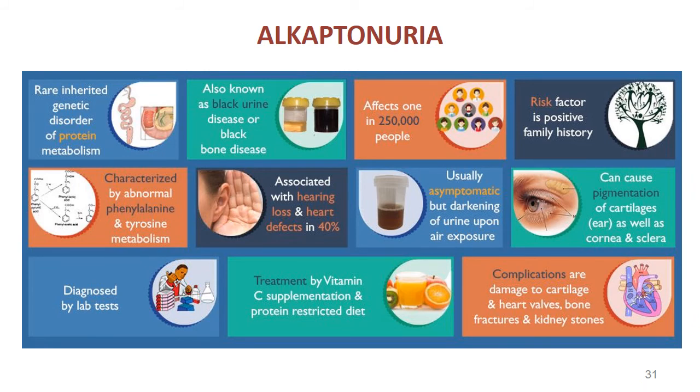Alkaptonuria is a hereditary disease caused by loss of function of homogentisic acid oxidase and characterized by disorder in metabolism of tyrosine and excretion of a high amount of homogentisic acid with urine.